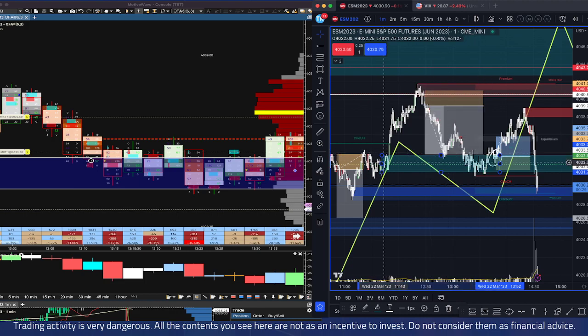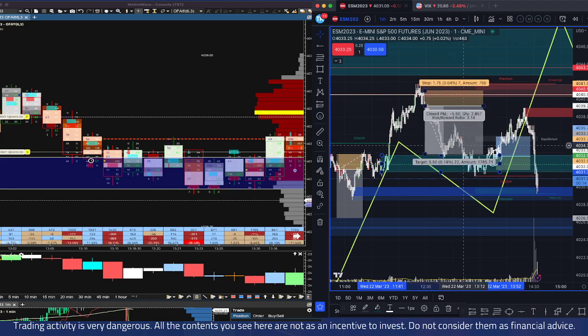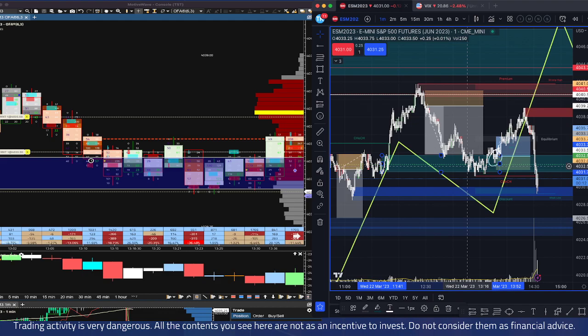We have this strong impulse, which means there are volumes over here. So when price reaches the area, I just want to see something good, a clear signal from buyers.